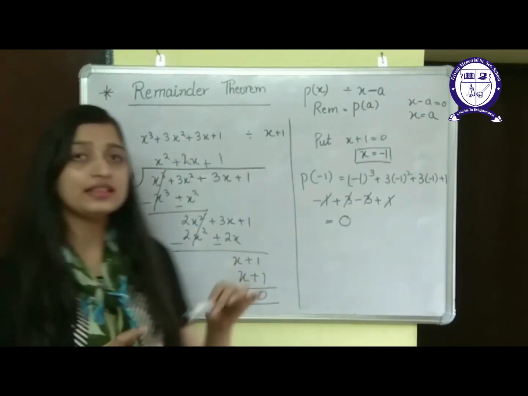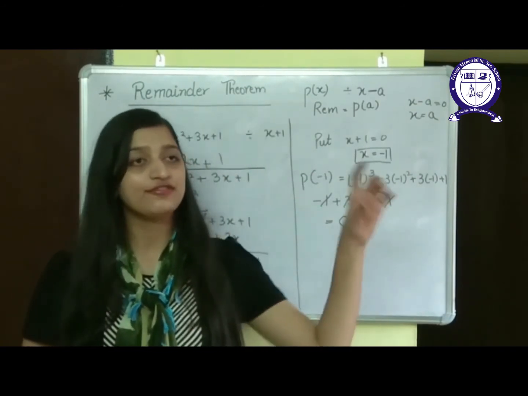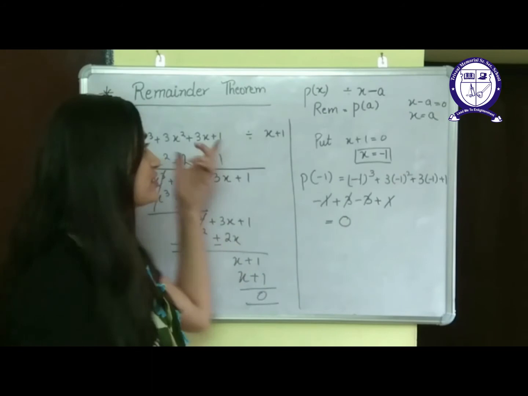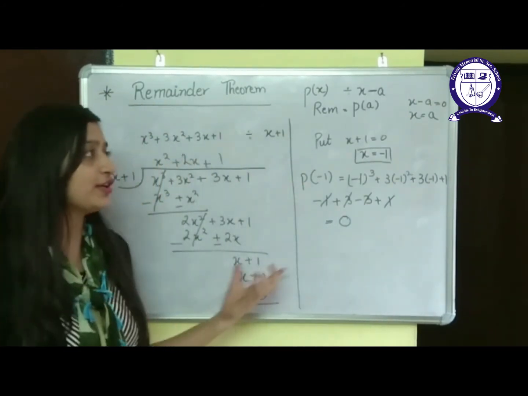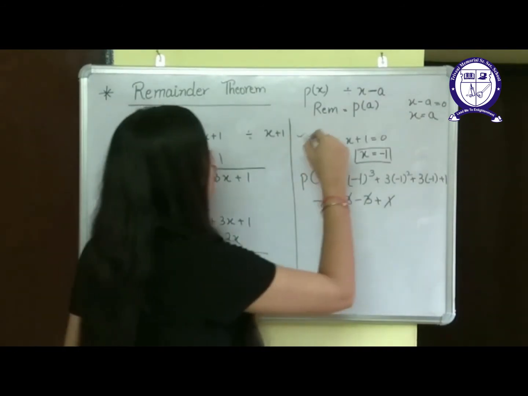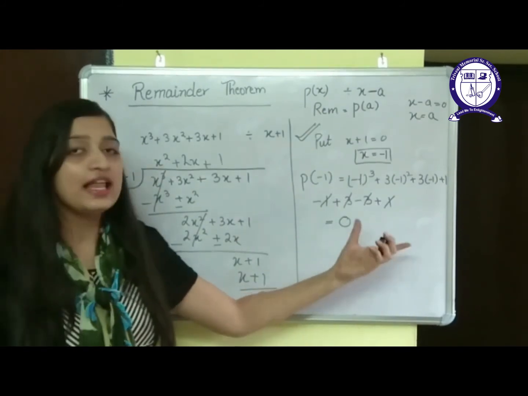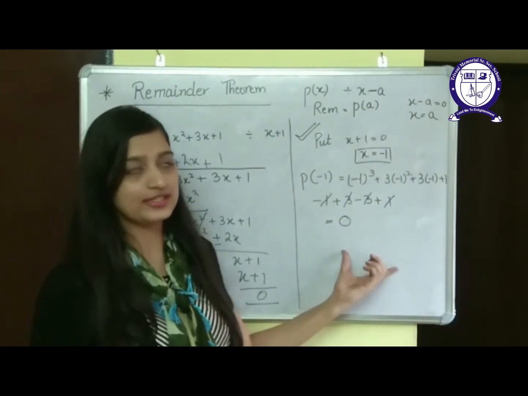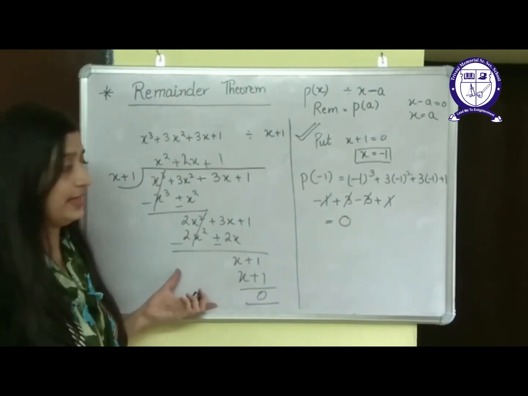So in this chapter, we are actually given a question saying to find the remainder if this is divided by this. So it's up to your choice which method you use, but it's better to use this method because there is less scope for mistakes. Dividing can be very lengthy and it can have many mistakes also.